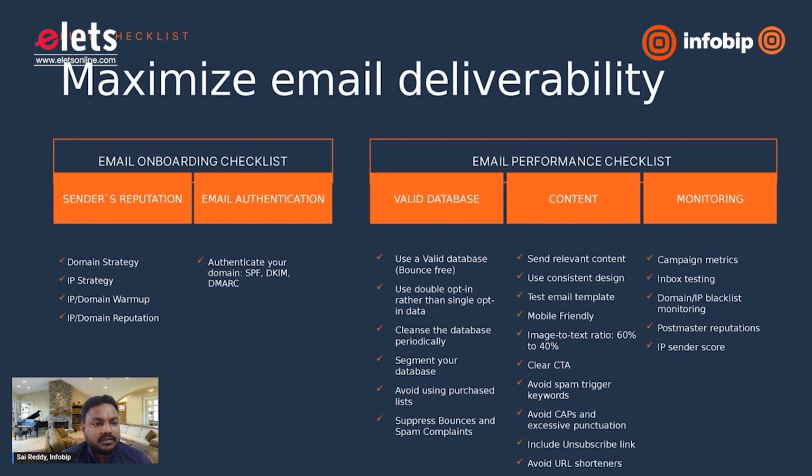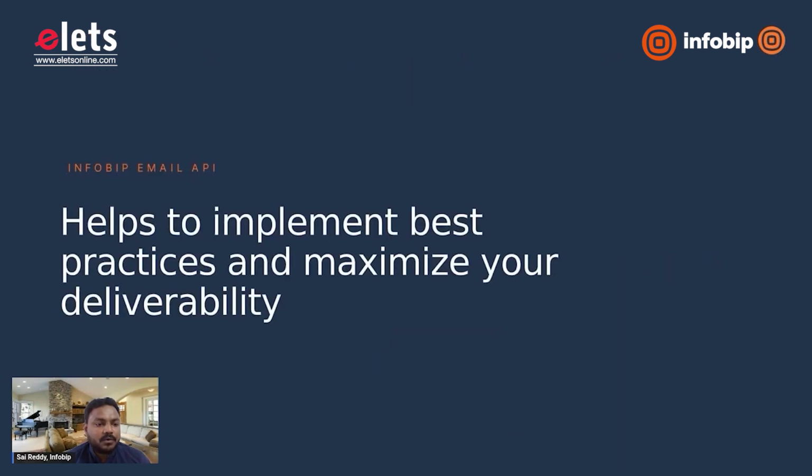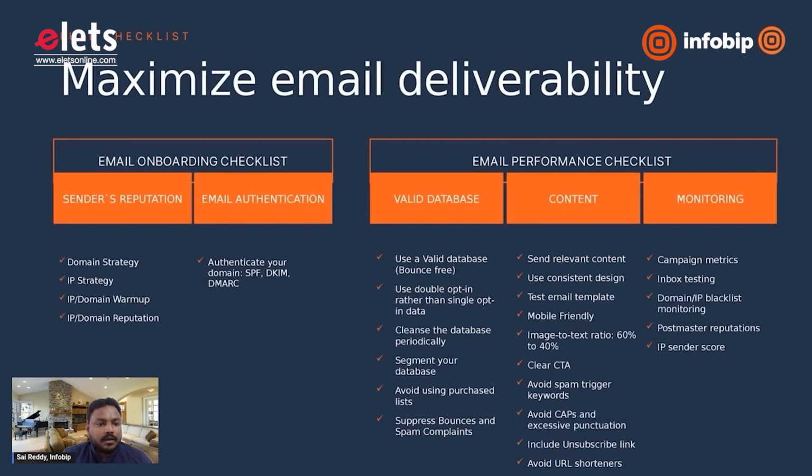When you onboard, check for the sender reputation, which covers domain strategy, IP and domain warm-up, IP and domain reputation, and email authentication, whether you are aligning with SPF, DKIM, DMARC, and all the authentication paths or not.